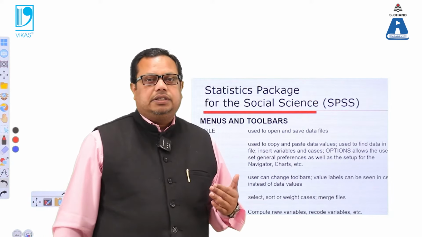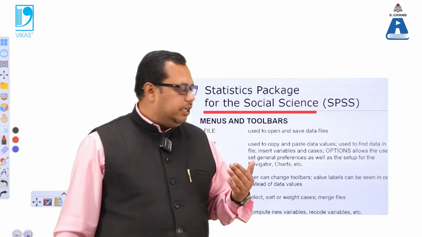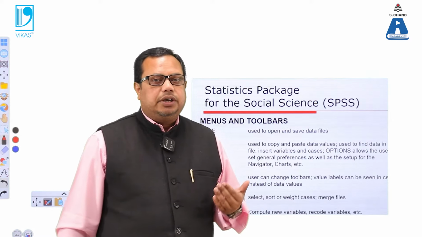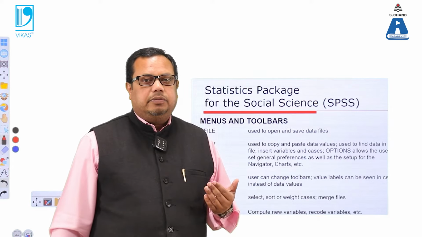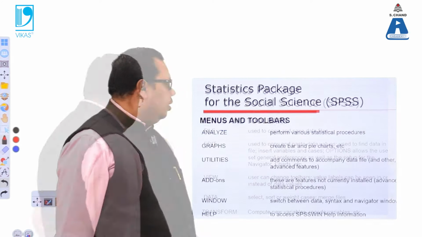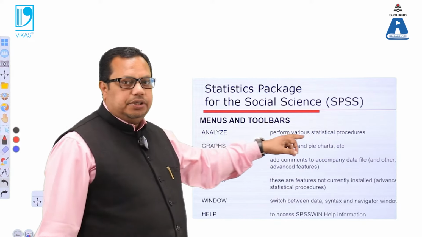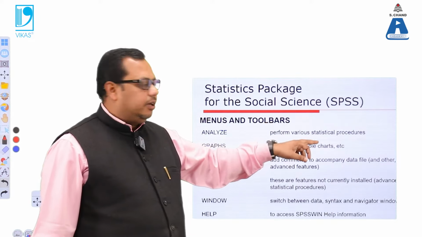Transforming the data means that we are changing the variables of the data and putting them into new variables, or we can recode the data. Then we can analyze the data, to check whether whatever operation we are doing is correct or not.